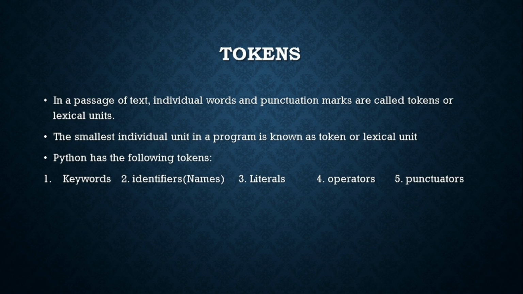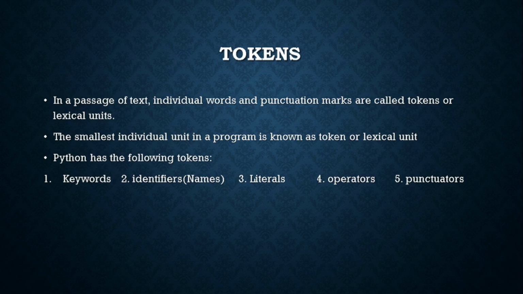Tokens: in a passage of text, individual words and punctuation marks are called tokens or lexical units. So if you write the word tokens, T-O-K-E-N-S, it is a word, so this can be considered a token. Or if I write H-E-L-L-O, hello, this can be considered a token here.